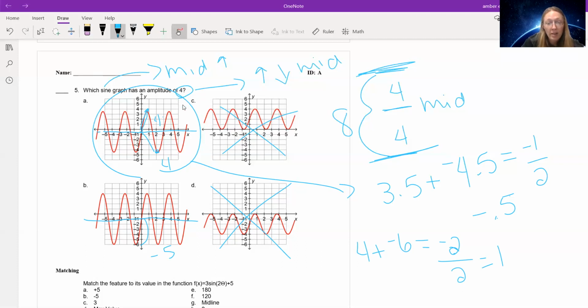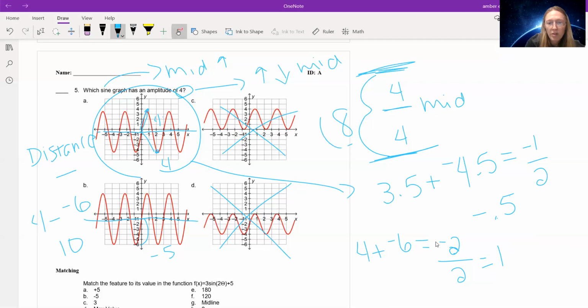One last way you can check this. Instead of finding the midline like we were over here, what if we just find the distance between them? Distance sounds a lot like difference. If I do 4 minus -6, that gives me 10.